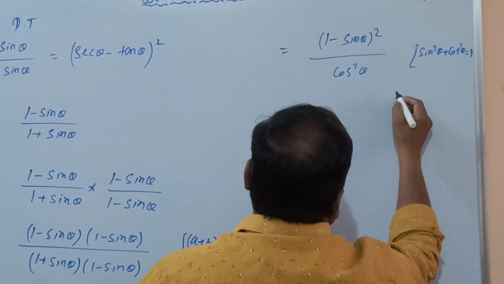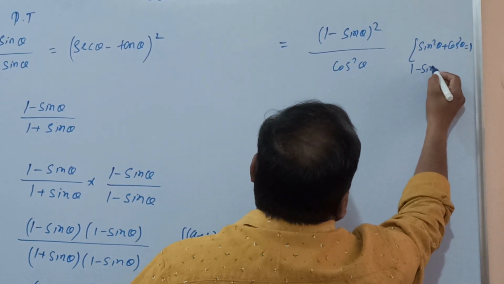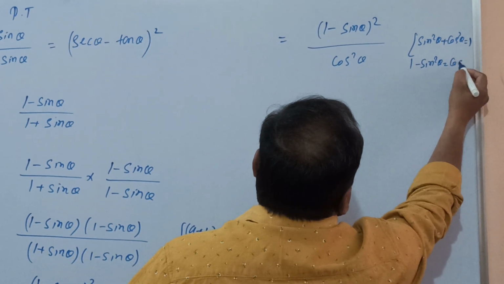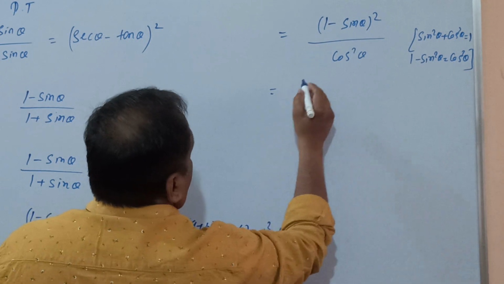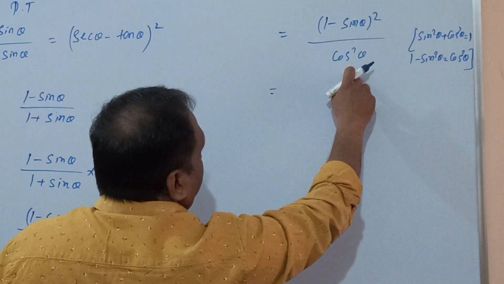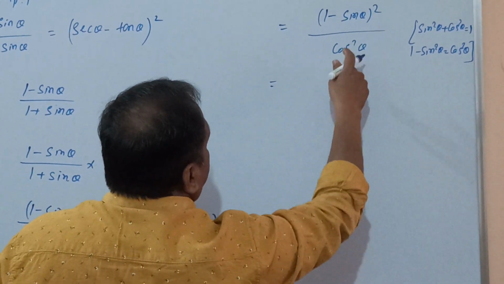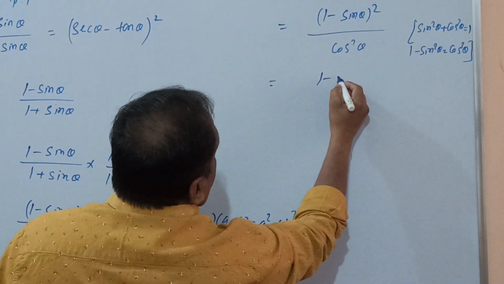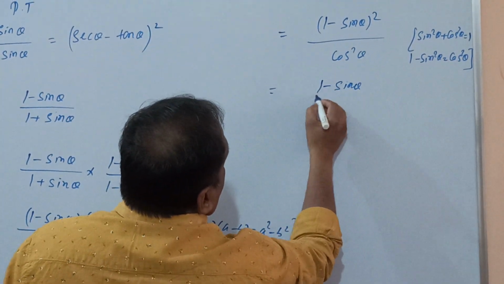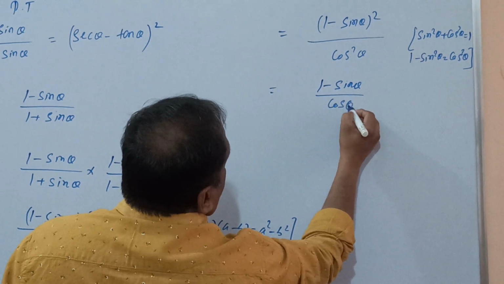Here we need 1 minus sin square theta, and 1 minus sin square theta is equal to cos square theta. So both the numerator and denominator are in the square form. I will take the numerator and denominator whole square, that is (1 minus sin theta by cos theta) whole square.